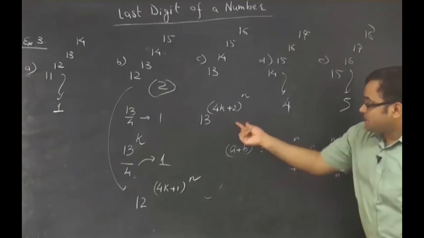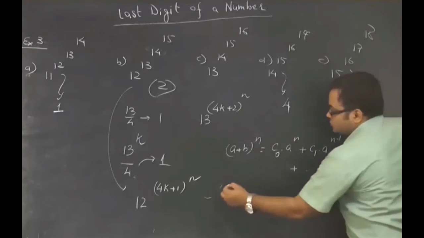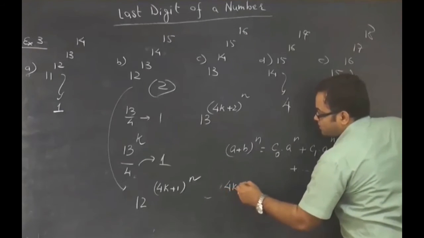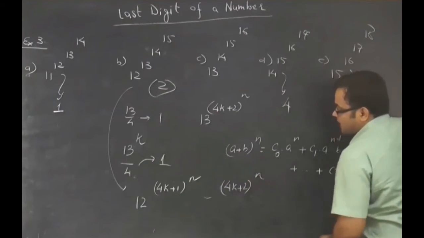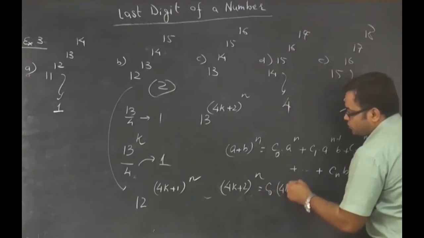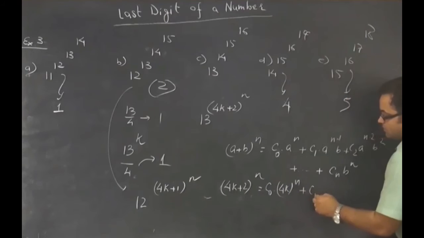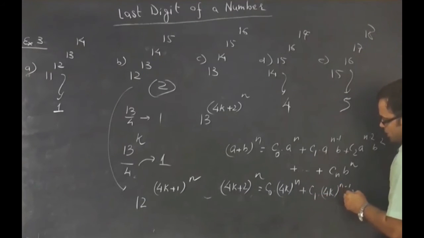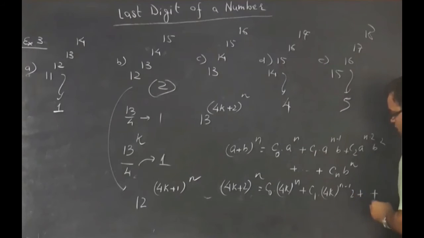Now if I make this 4k plus 2, then (4k plus 2) to the power n is equal to c0 times (4k) to the power n, plus c1 times (4k) to the power n minus 1 times 2, and so on, till finally cn times 2 to the power n.